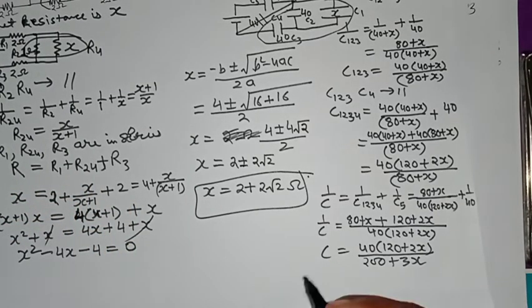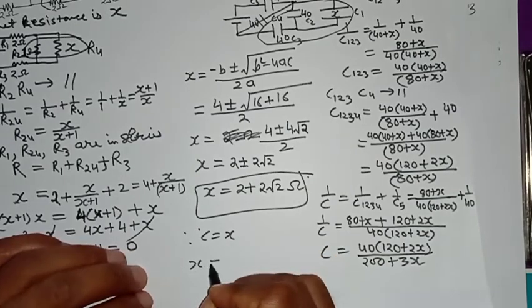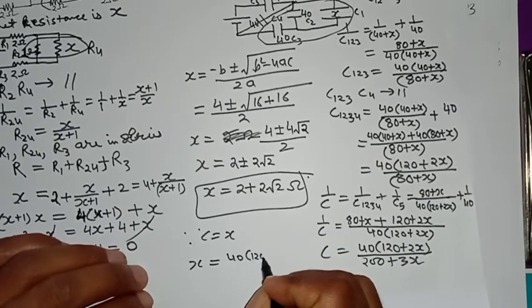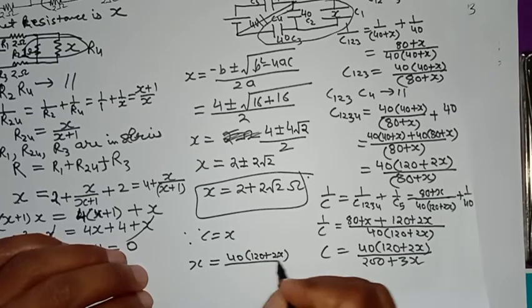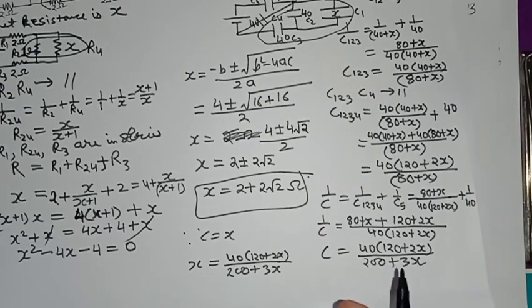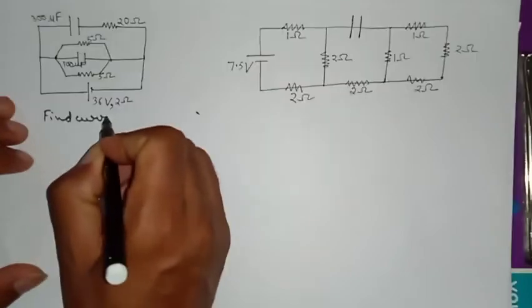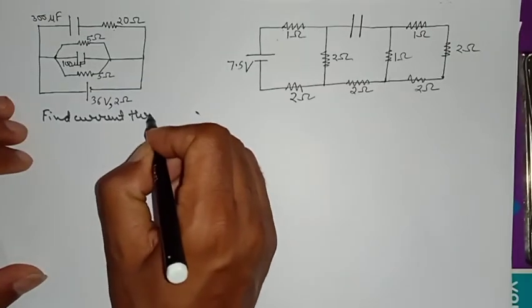And that is equal to X. Since C is equal to X, X is equal to 40, 120 plus 2X upon 200 plus 3X, and now it will turn into a quadratic equation, and then you can solve it. Oh, I'm leaving it. Okay, here the question is to find current through each resistor.